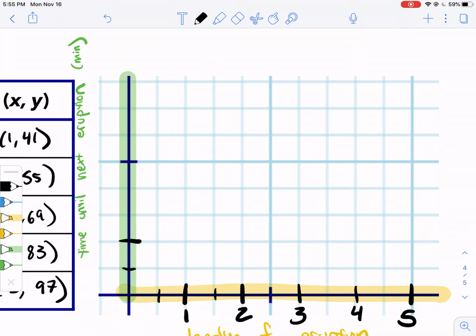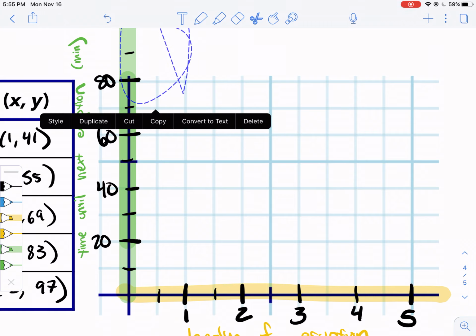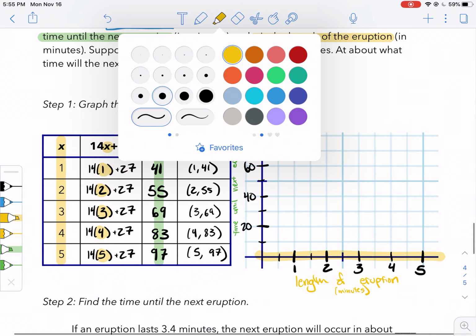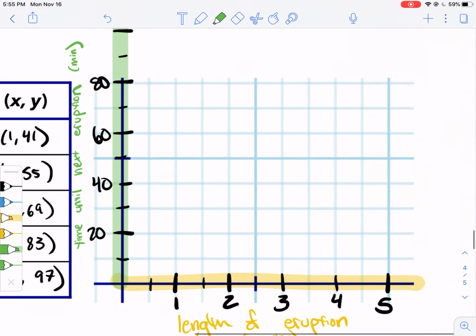So we have 10, 20, 30, 40, 50, 60, 70, 80. Watch this, you guys. This is a Notability skill. We're going to continue this up. Isn't that great? That's so fun. Improvise, adapt, overcome.